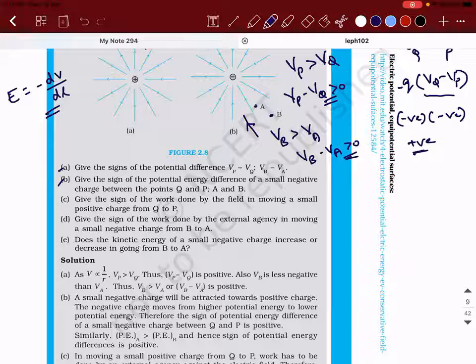A and B. So find out UA minus UB and tell me. What is the answer?